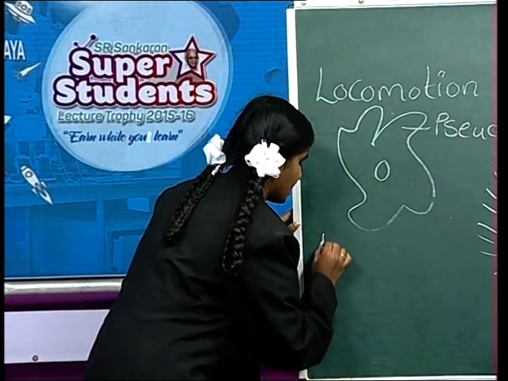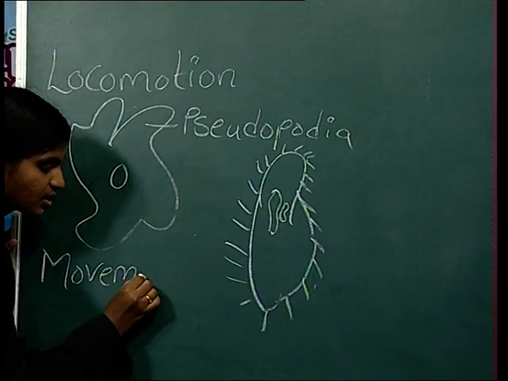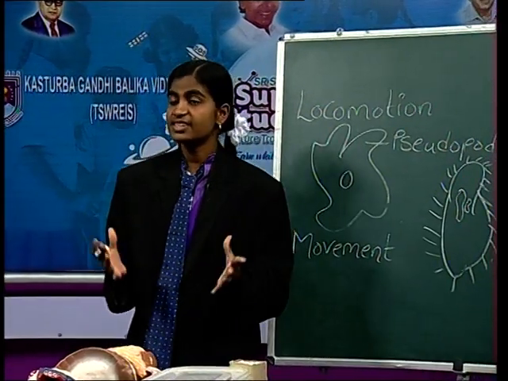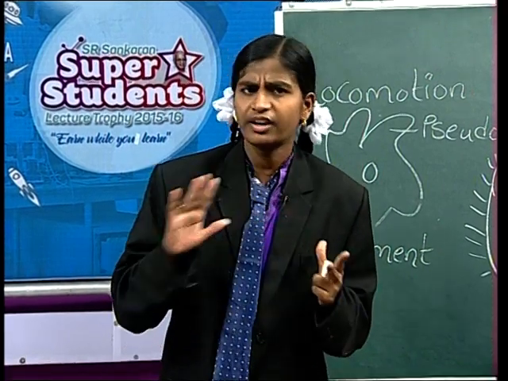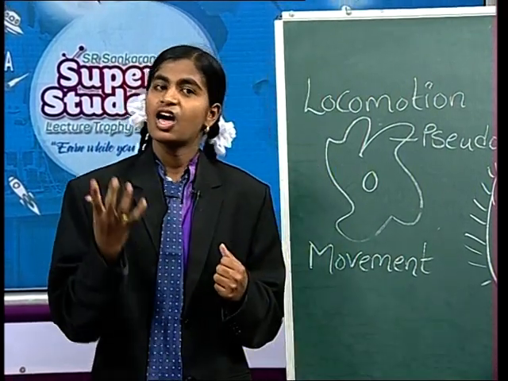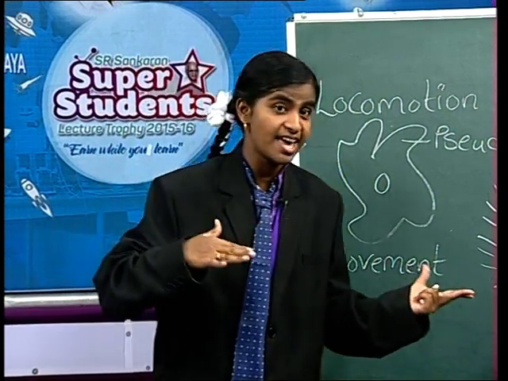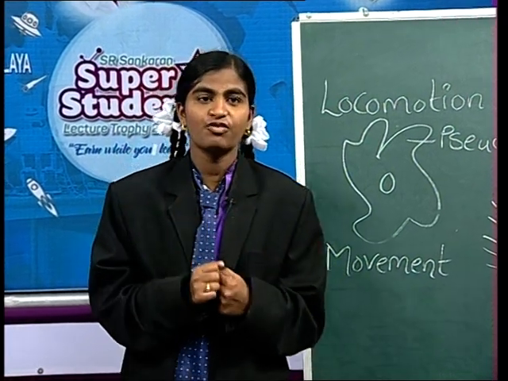Movement is nothing but change in the position of a body part. Friends, all locomotions are movements, but all movements are not locomotions, because locomotion is changing the place from one place to another place, but movement is change in the position of a body part.